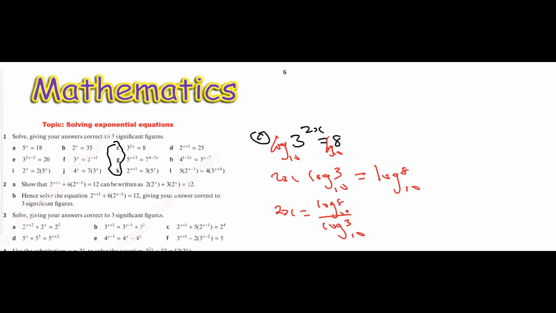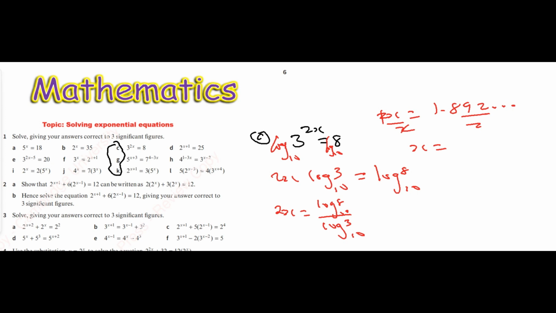If I do that correctly, I will have 2x equals 1.892, and I can find x by dividing through by 2.